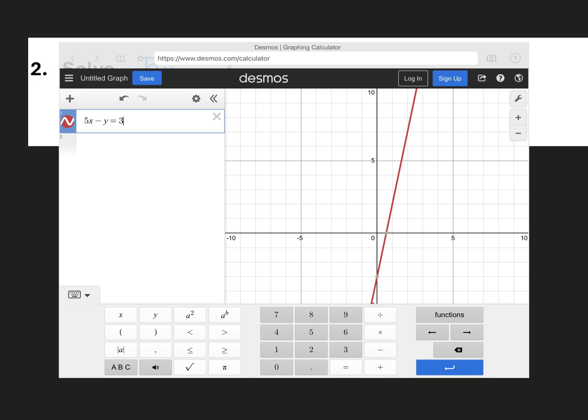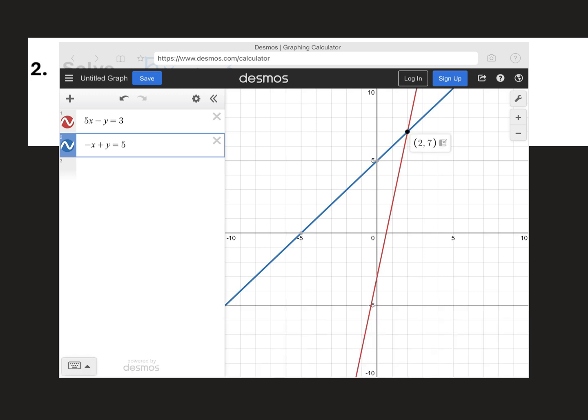And then negative x plus y equals 5. And remember, I said previously that the solution to the system is the point of intersection. And so where do those two lines intersect? And they intersect at 2, 7.